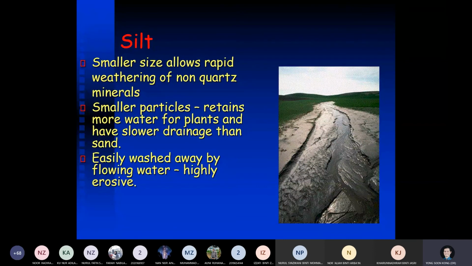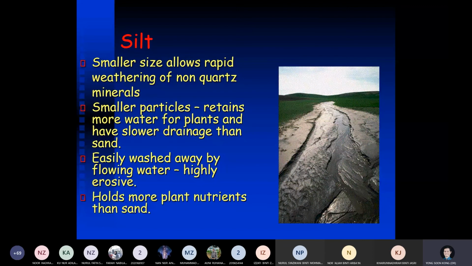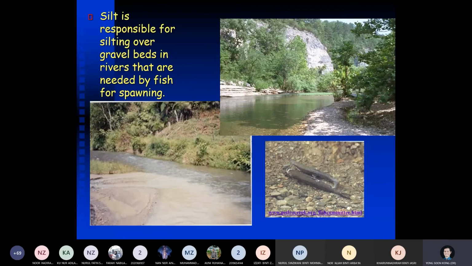Now, silt can easily wash away, but it still has some weight. So it can be transported anywhere with the flow of river water. Okay. So silt holds nutrient more than sand. And silt is usually the reason why water gets polluted.